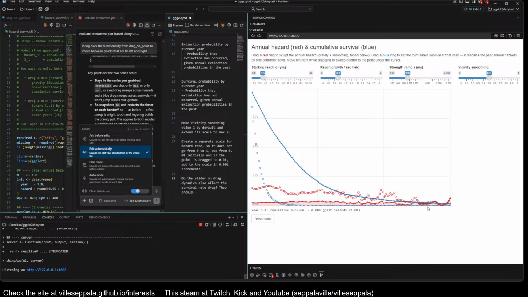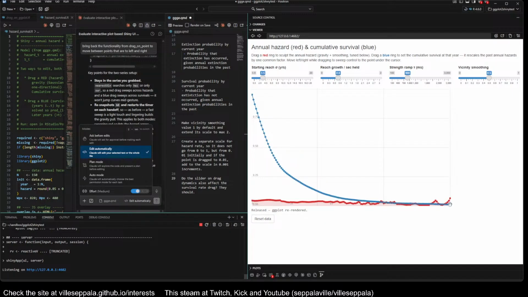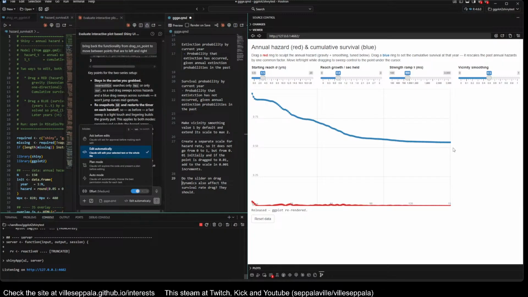Yeah, maybe it's this hazard in the future. It has to have room for that to occur. I don't know.